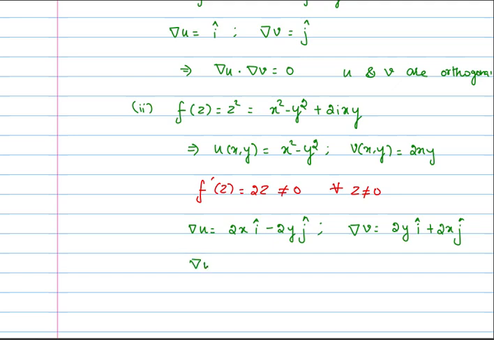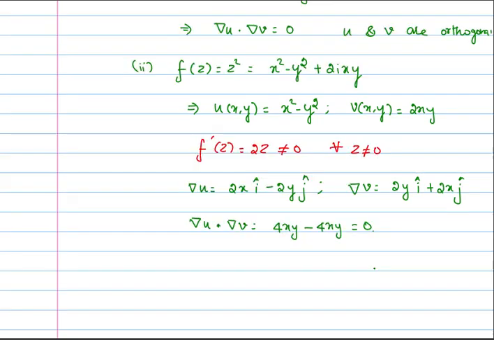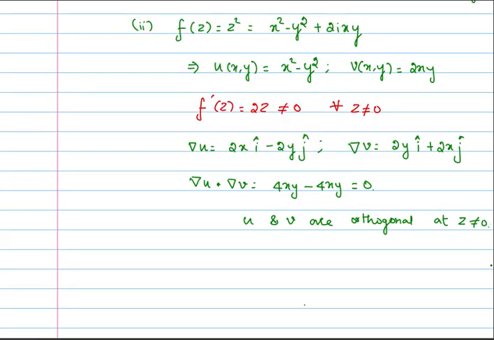Now gradient of u dot gradient of v equals 4xy minus 4xy equals 0. Now what is the problem at z equal to 0? So clearly u and v are orthogonal for all z not equal to 0. What will happen at z equal to 0? Now you see the level curves at z equal to 0.